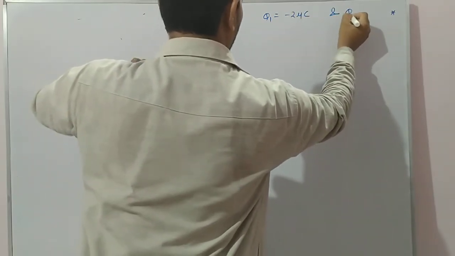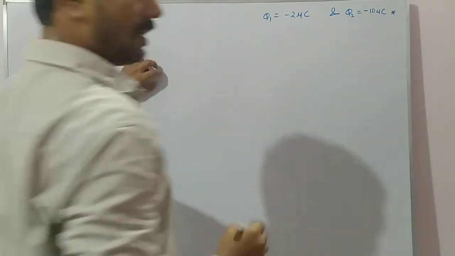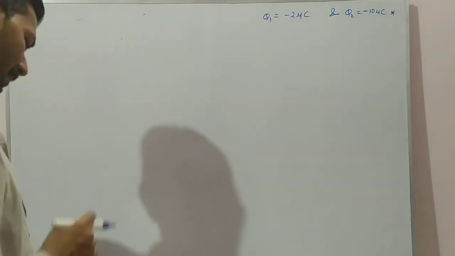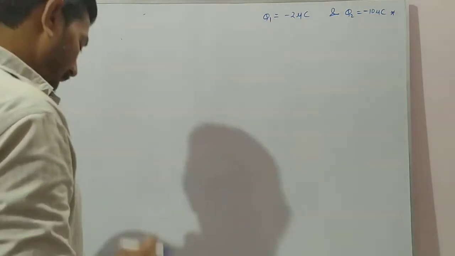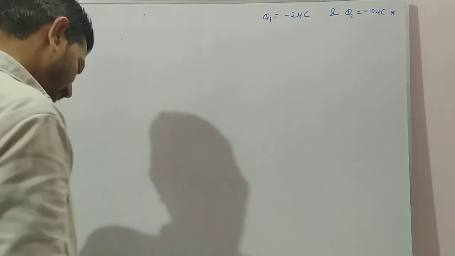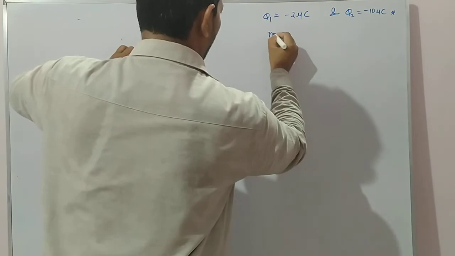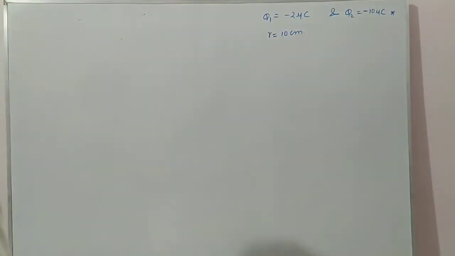Two charges of minus 2 microcoulomb and minus 10 microcoulomb are separated by a distance of 10 centimeter. R is equal to 10 centimeter. Determine the magnitude and nature of force.